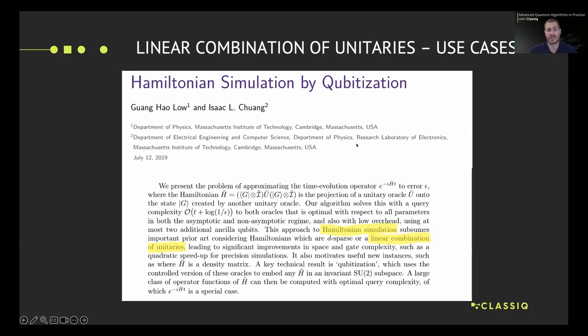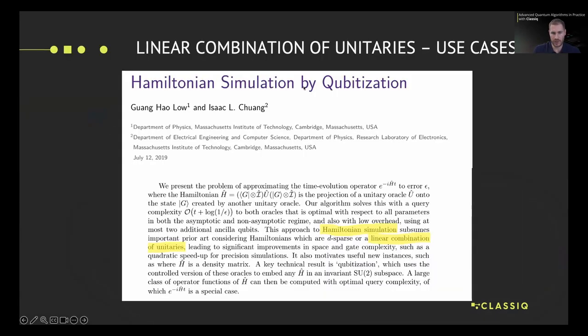So I really recommend understanding it first on small examples on the low level. Be comfortable with some use cases, some extreme cases of the linear combination of unitaries on small scale. Be more familiar and gain confidence in your understanding of the algorithm, and then you can take one step further and read some of these example papers, so qubitization and quantum singular value transformation, and try to spot where and how they use linear combination of unitaries as part of their algorithm.